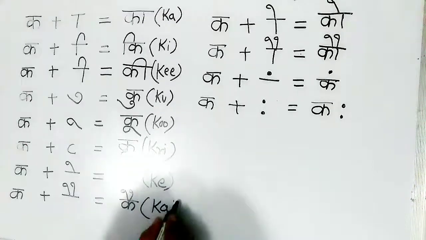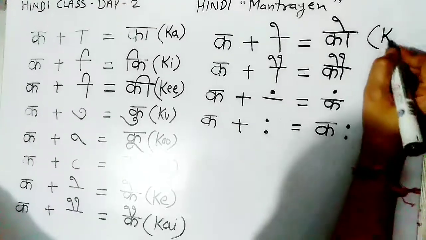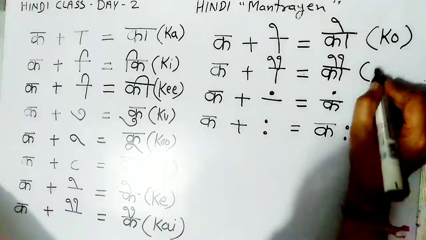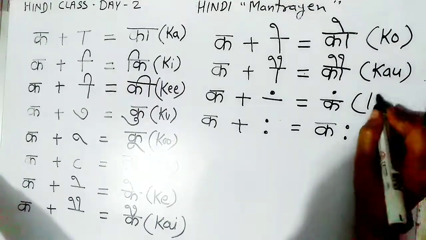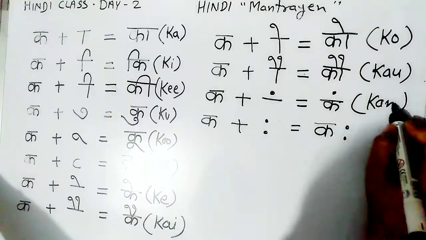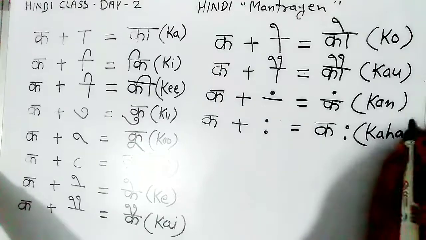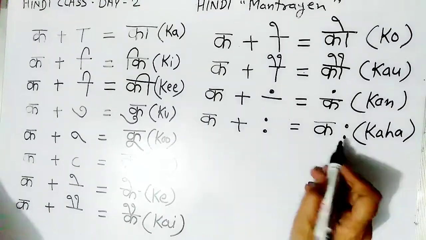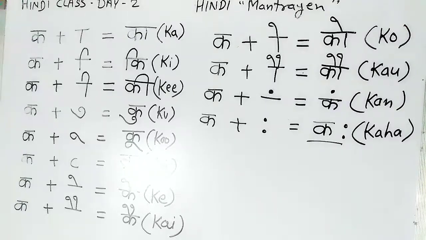Kai. Ko. Kau. Kang. Kaha. Okay, understand?